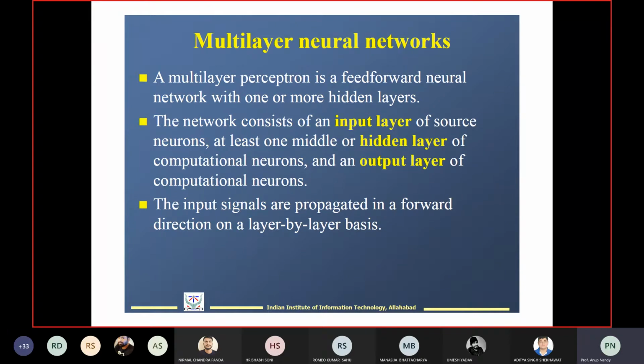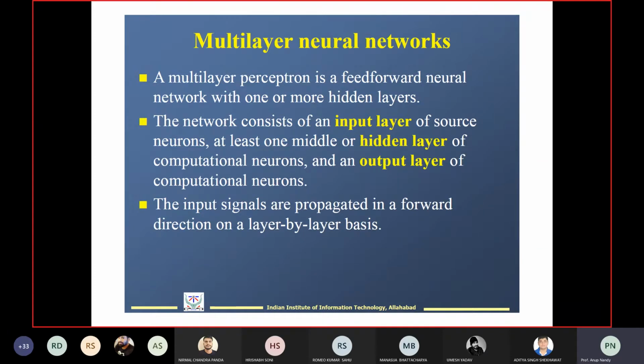Okay, so that's why in the network you will have an input layer with the source neurons, at least one middle or hidden layer which deals with the computational neurons, and an output layer. The output layer generates the output that you are about to obtain through your problem statement.